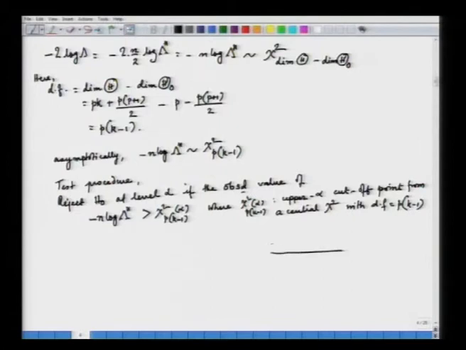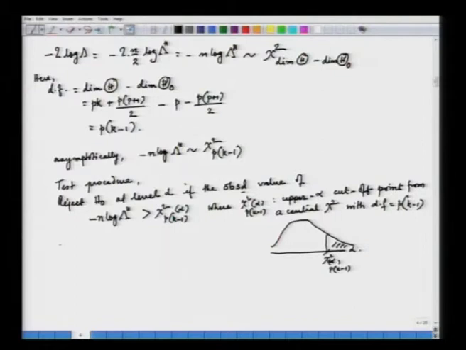So, roughly we will have a situation where you have an upper alpha point, the cutoff point, chi-square alpha p k minus 1 df. So, this area is alpha.